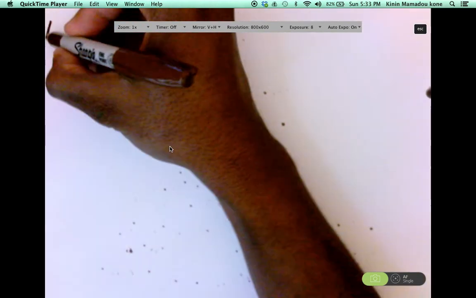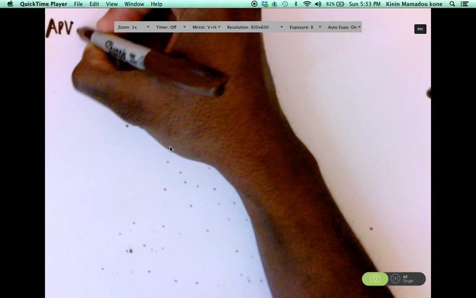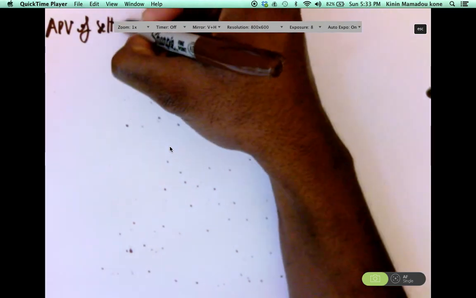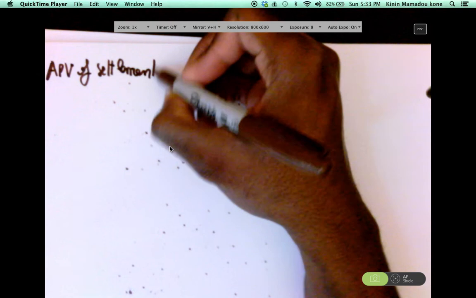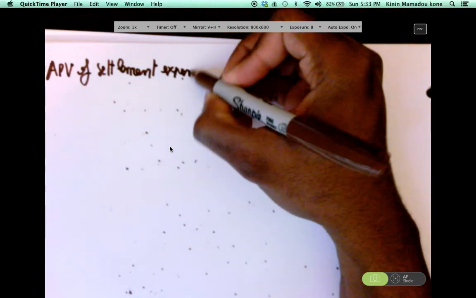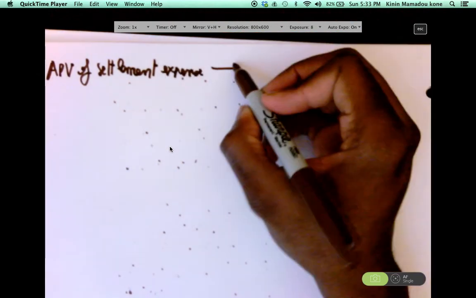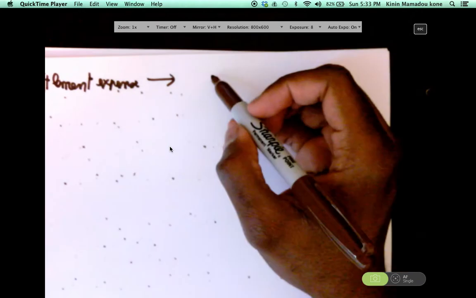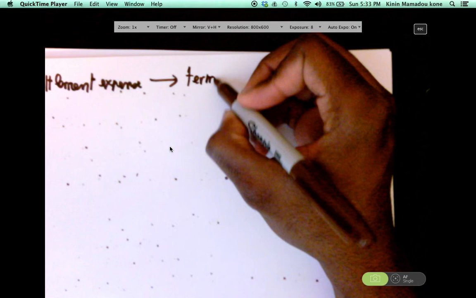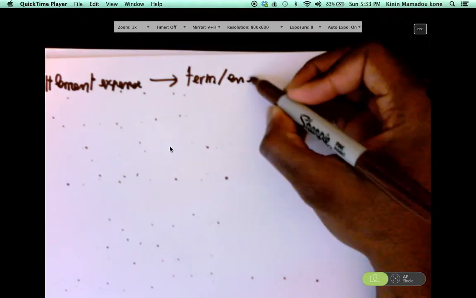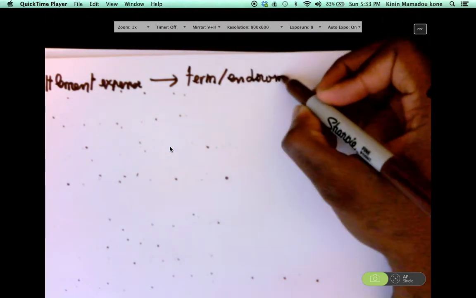The APV of the settlement expenses looks like a term insurance or endowment insurance.